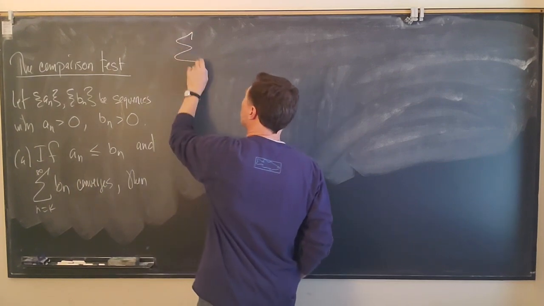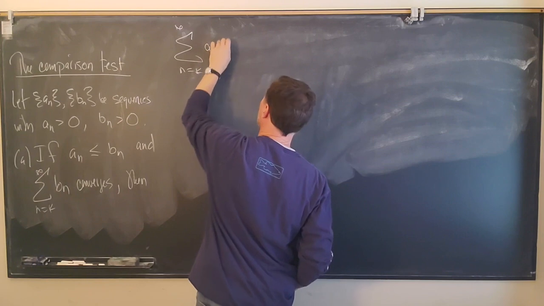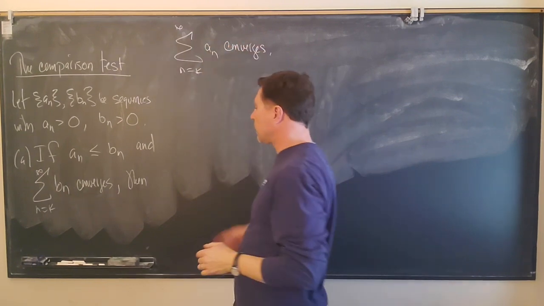So let's put it up here: the sum from n equals k to infinity of a_n converges.